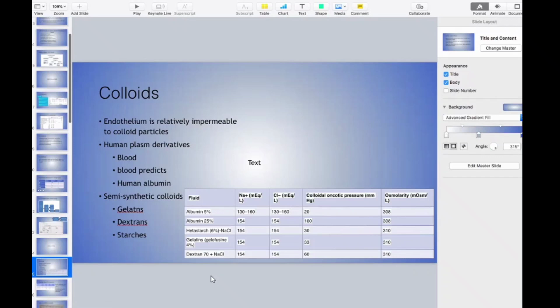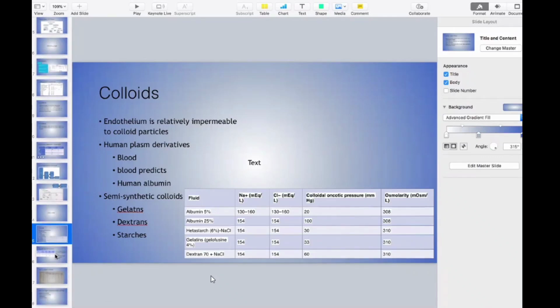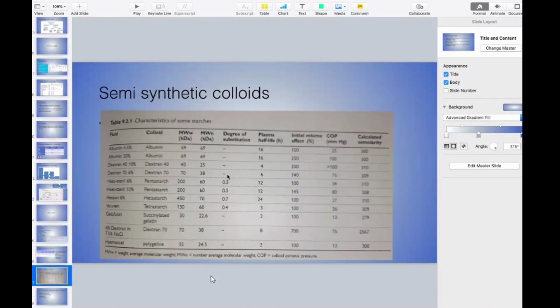Okay. So this is a simple graph, and this is another table demonstrating the properties of these colloids. And I can see that you have the 4% albumin, you have the 20% albumin, and the molecular weight of albumin is 69. But you can see when you give 5% albumin, volume to volume, the initial volume expansion is 100%.